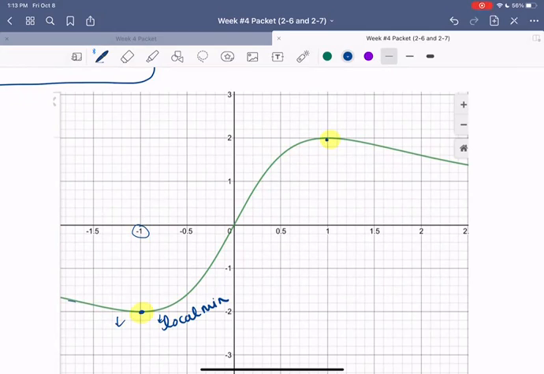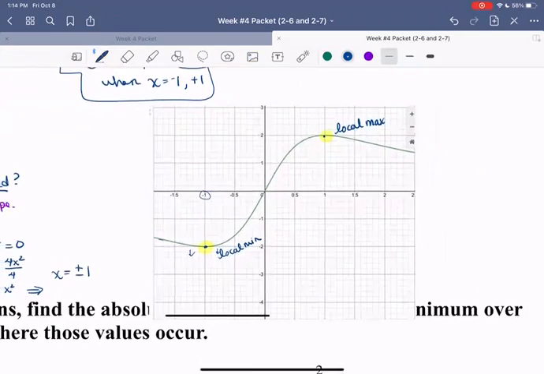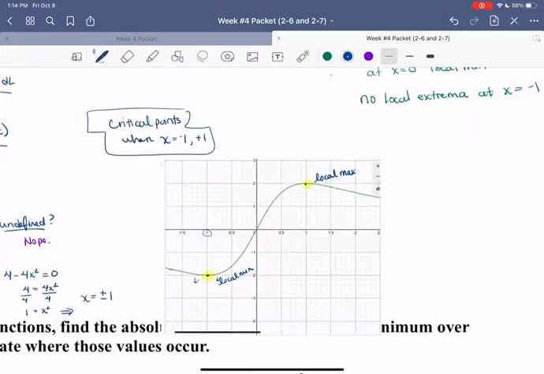And over at 1, we see we have a local max. So we can say at x equals -1, there is a local min. At x equals +1, we have a local max.